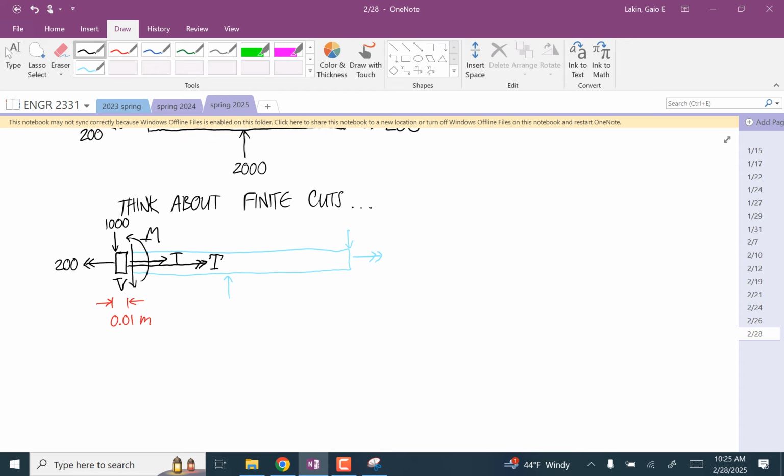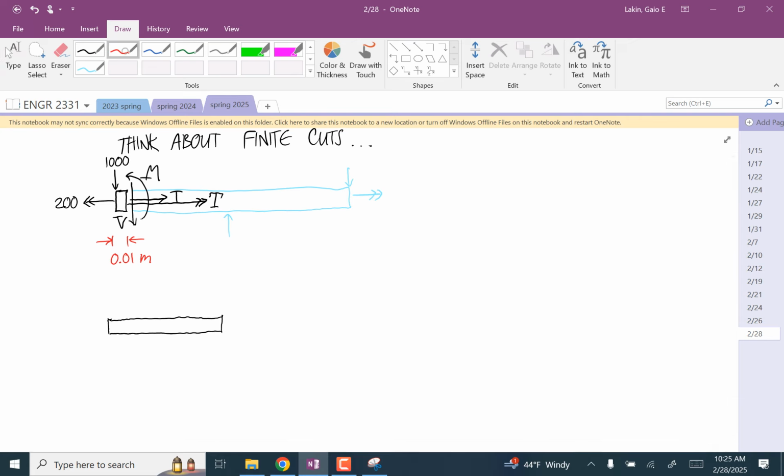And now let's think about another cut where the length is going to be 0.99 meters. We're skipping all this.